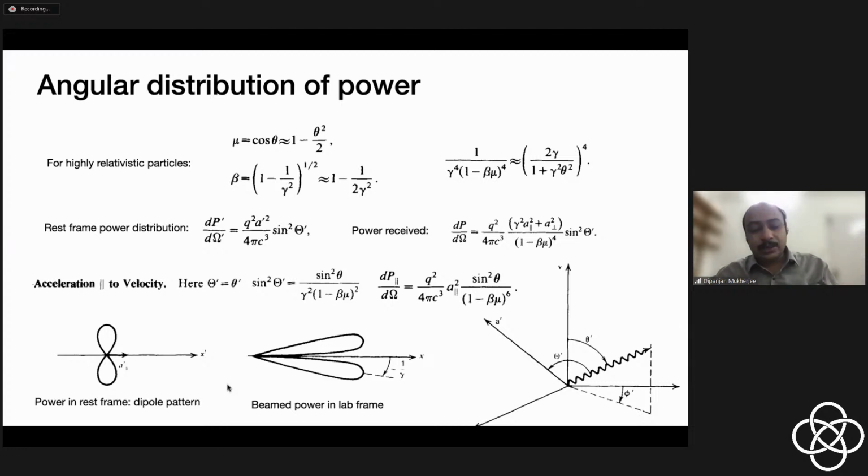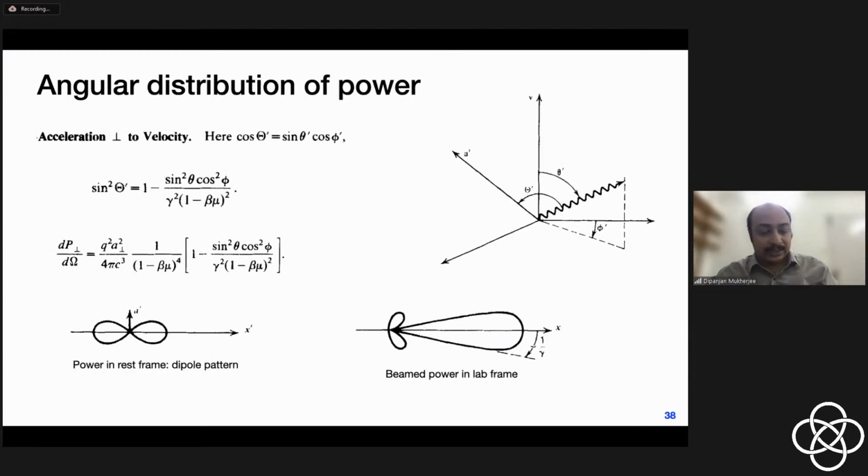Now, suppose the motion of the particle is perpendicular to the direction of the acceleration. So x prime, this arrow, denotes the motion of the frame of reference, and this A prime is the local acceleration vector.